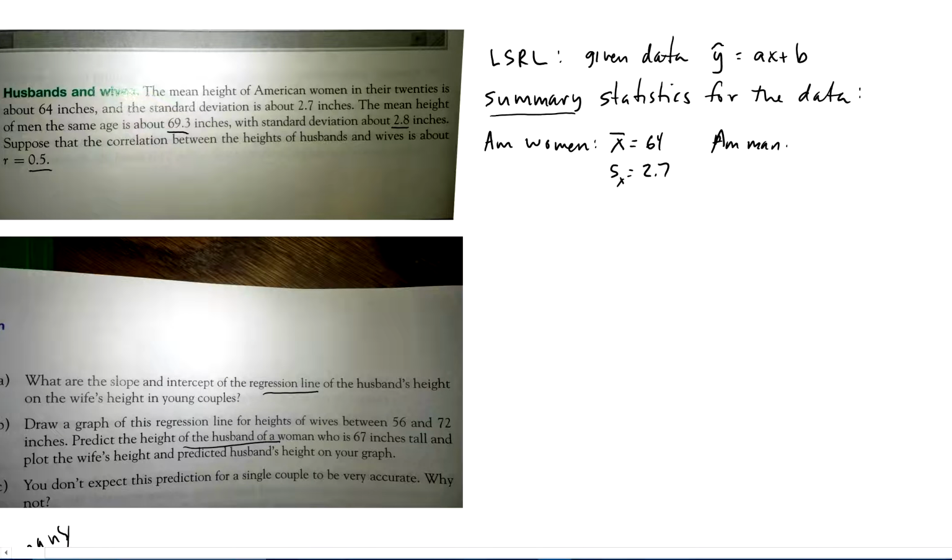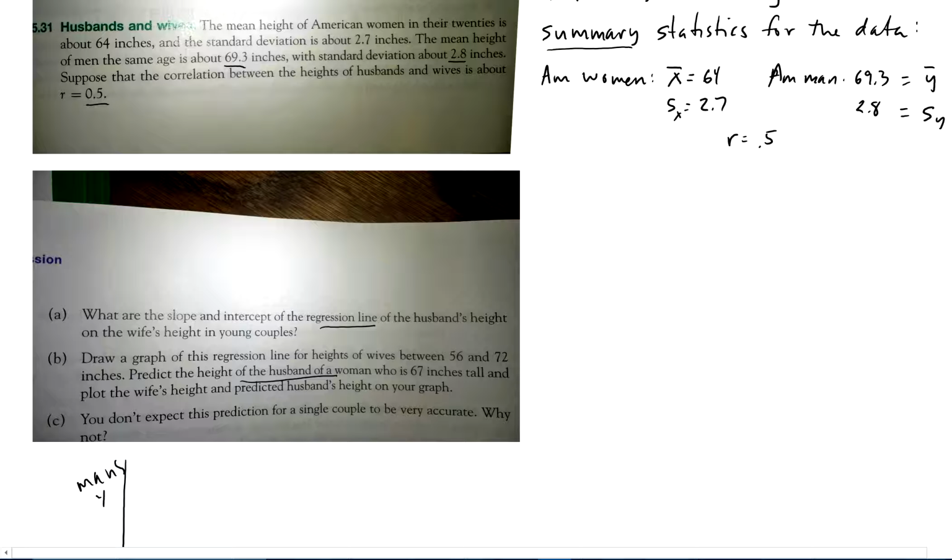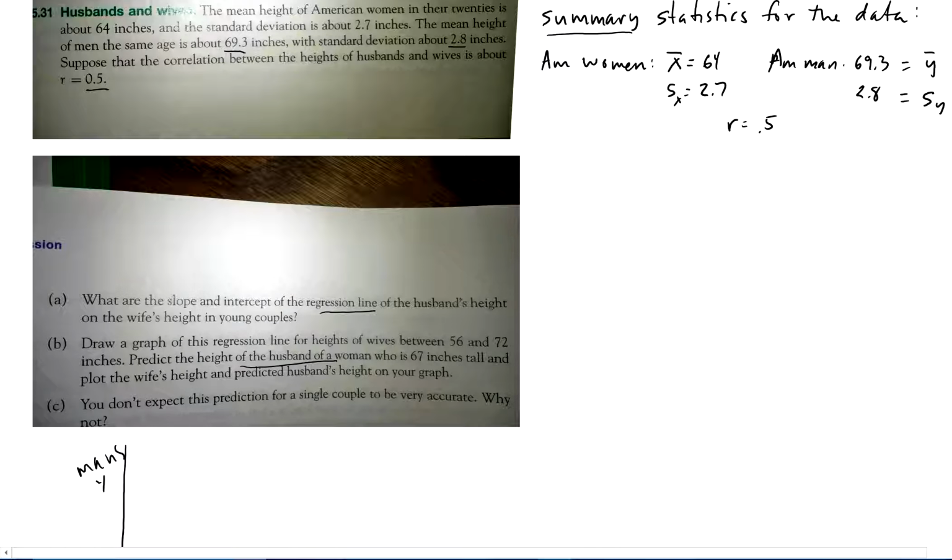S sub x, the standard deviation, is 2.7. American man is 69.3. That's going to be y bar, and S sub y, standard deviation, is 2.8. And then I know the correlation between the two is 0.5. So the data's not super tightly bunched together. So what's the slope and intercept of the regression line?